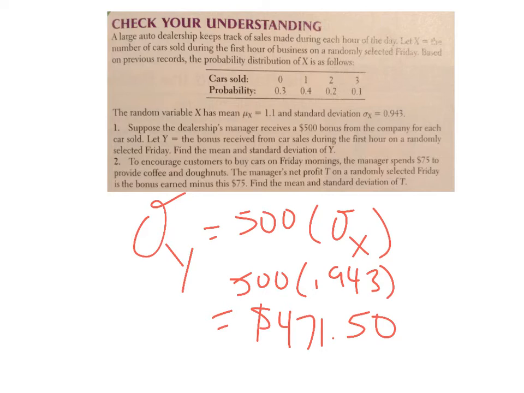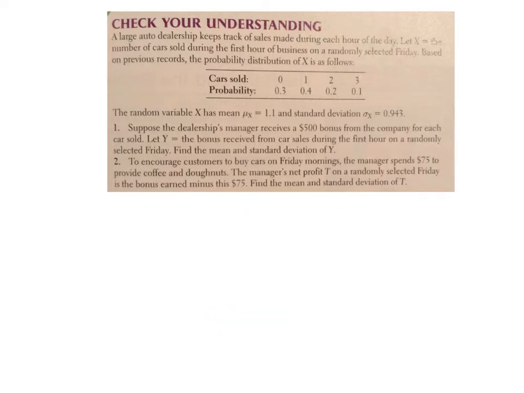So part two here says to encourage customers to buy cars on Friday mornings, the manager spends $75 to provide coffee and donuts. The manager's net profit, T, on a randomly selected Friday is the bonus earned minus the $75. Find the mean and standard deviation of T. So when I'm looking for T here, T is the manager's net profit.